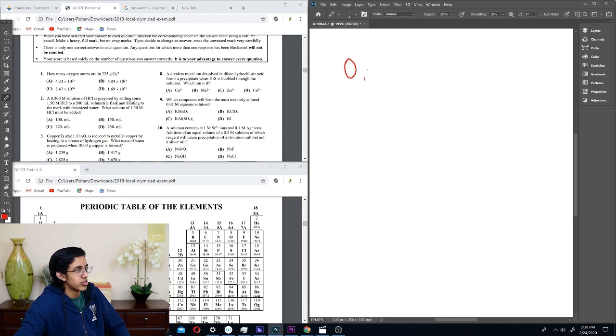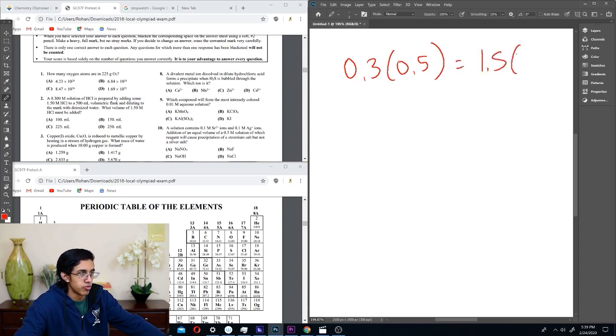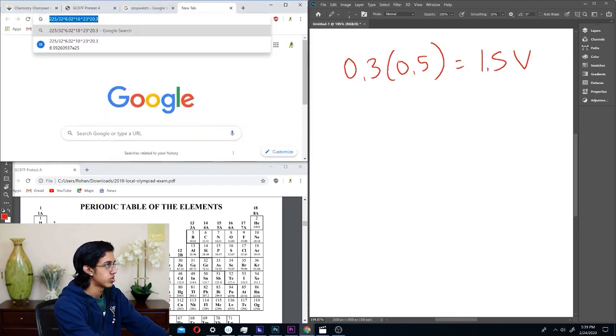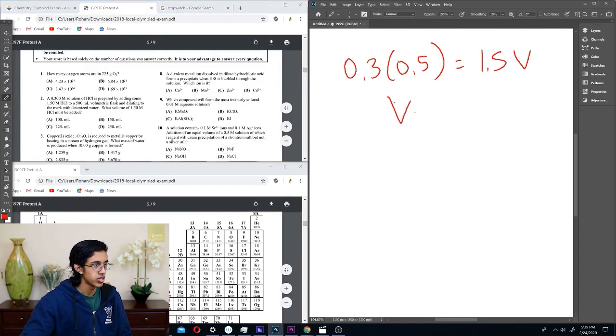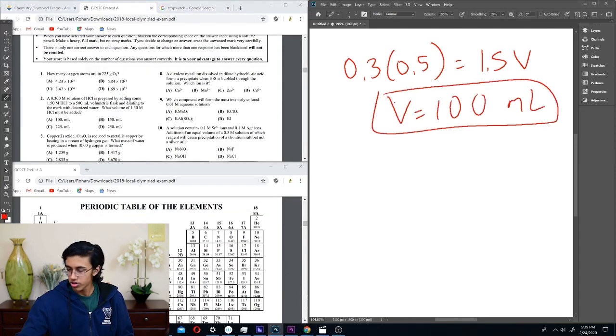So 0.3 times 0.5 liters equals 1.5 molar times the volume we want. 0.3 times 0.5 over 1.5 is 0.1, so V is 100 milliliters. Our answer is A.